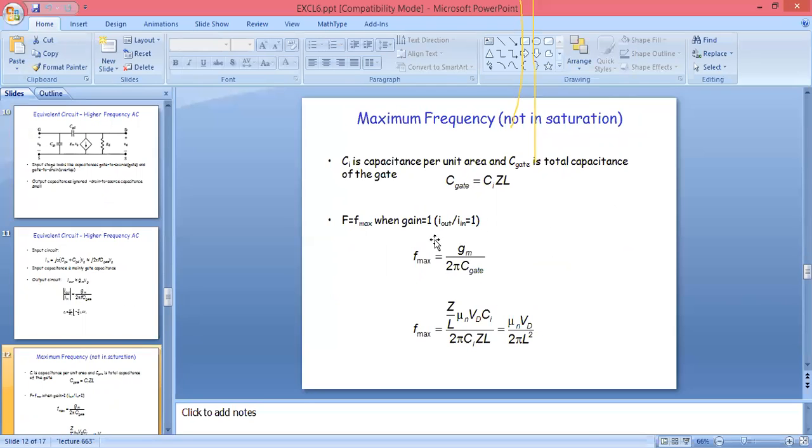If you calculate in terms of channel length and channel width, in terms of charge carrier mobility, then we convert the gm equation with W by L or Z by L. You can write anything for the width of the channel. We can convert these equations and we will get the value of frequency here.